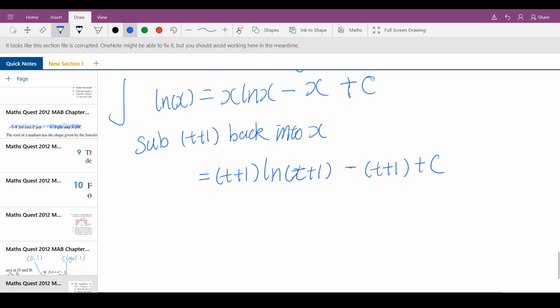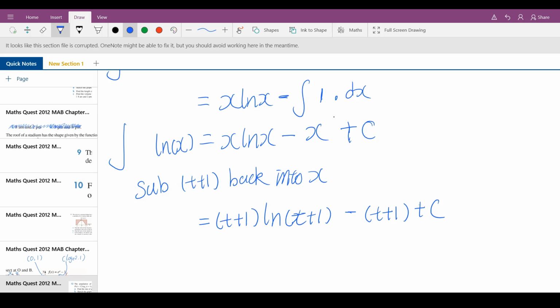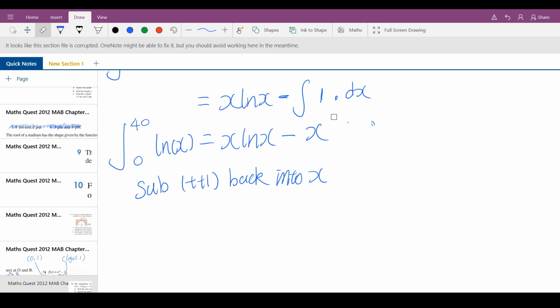Right? Oh no, there's no plus c. I forgot, guys. This is a definite integral. I just didn't write the integral limits. See, it's very important to keep writing your integral's domain, this is actually 40 over 0. Remember, there's no c here. But we still have to sub the t plus 1 back in, that's for sure.